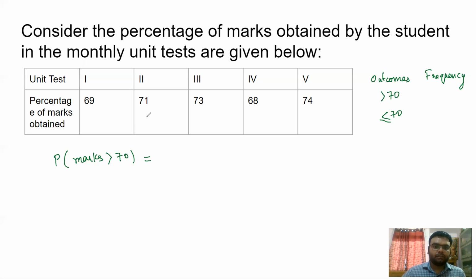If you look at the marks, in the second test it has got 71, in the third 73, and in the fifth it is 74. So the total number of times the marks obtained are greater than 70 is 3, and the marks less than or equal to 70 is 2. So the total is equal to 5. So our answer is 3/5. So this is my experimental probability question.